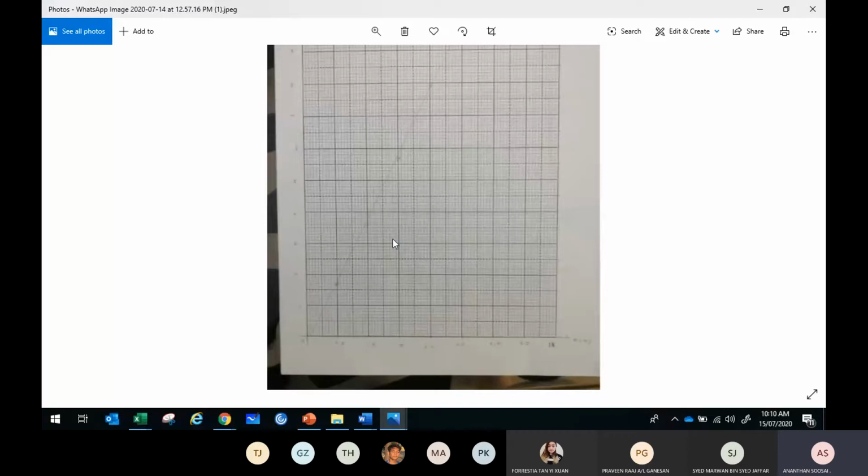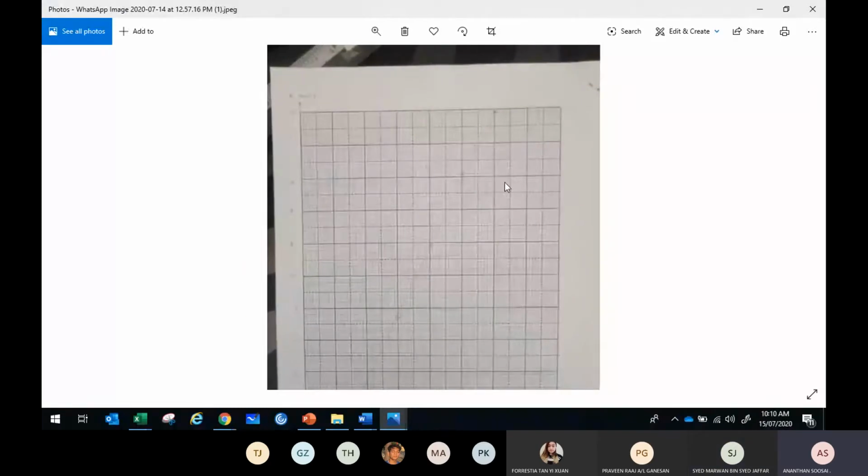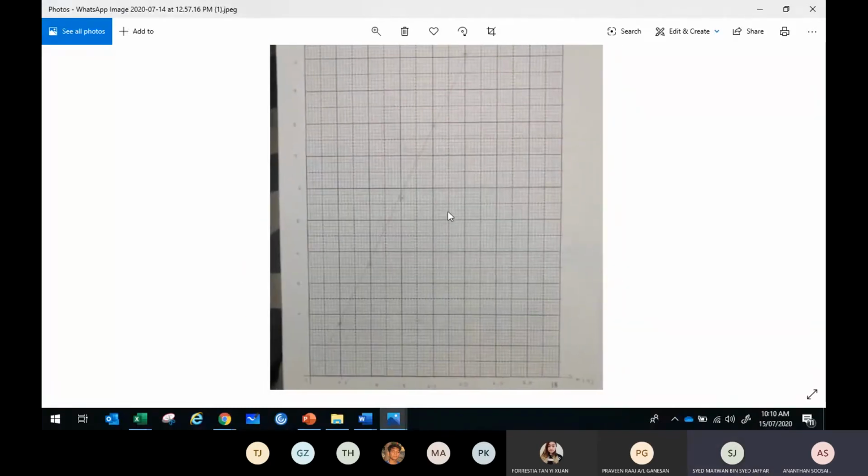Cannot be more than 1. Down 2, up 1, accepted. Down 1, up nothing, accepted. Down 2, up nothing, no mark. So the up and down coordinates which do not pass through the line must have a difference of only 1, cannot be more than that. So in this case, the graph is good. So you get 1 mark for the best fit line.